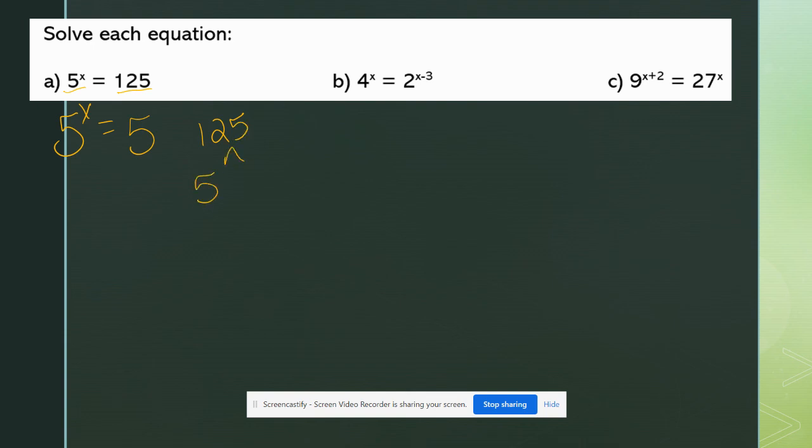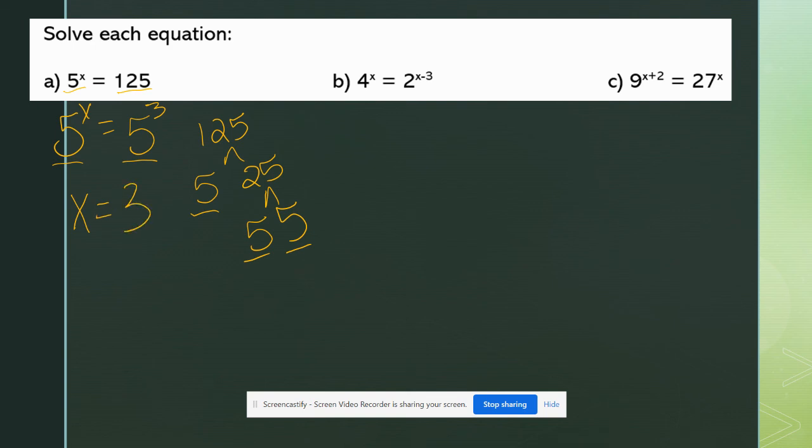125 divided by 5 is 25. 25 is 5 times 5. I have 3 5s. So 125 is the same as 5 to the third power. Now that I have same bases of 5 and 5, we can take our exponents.